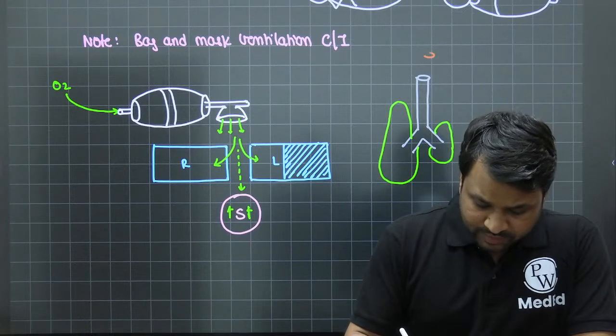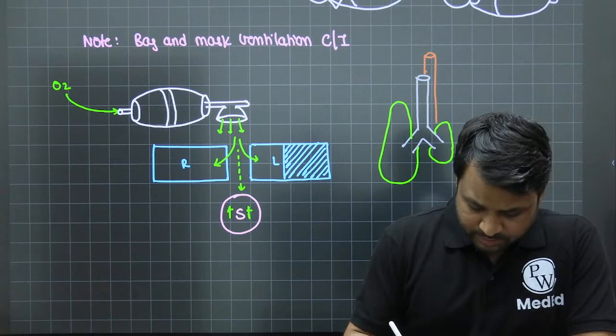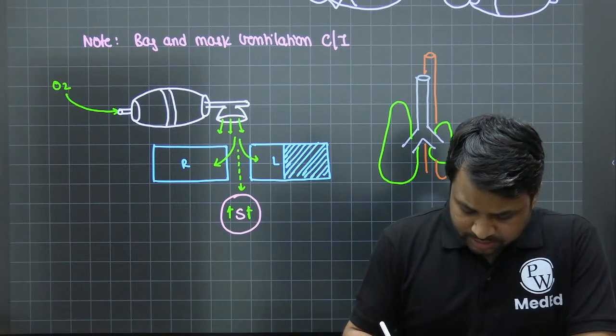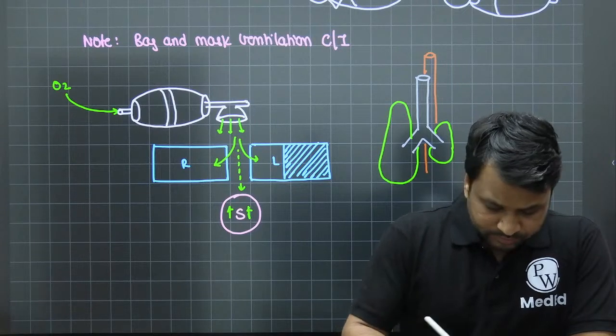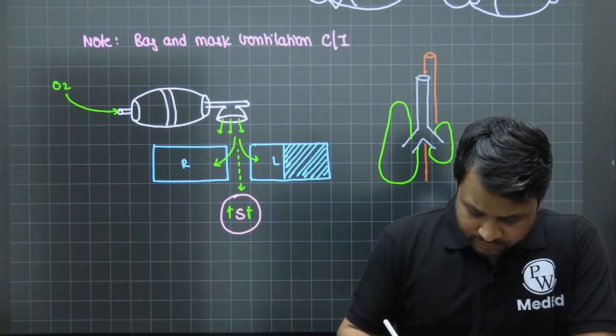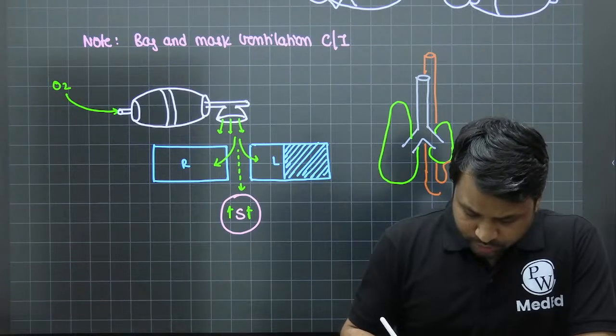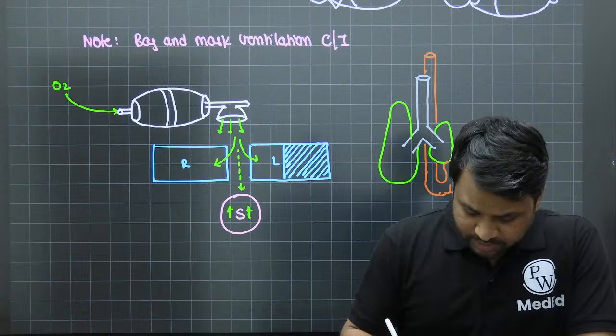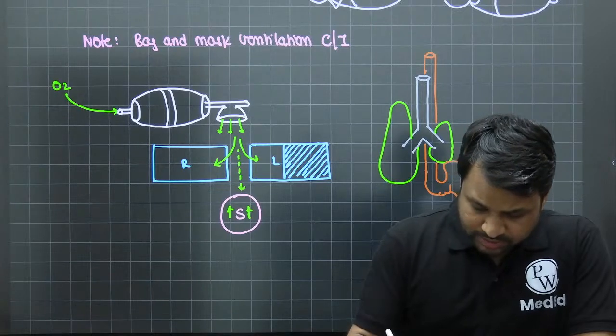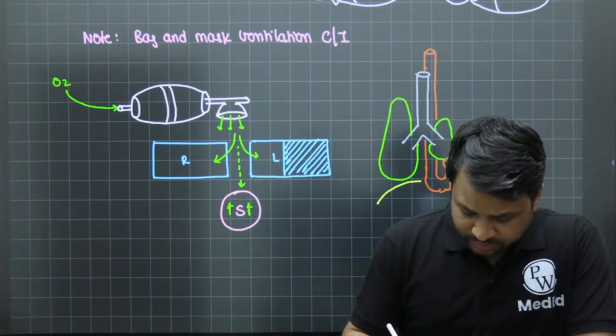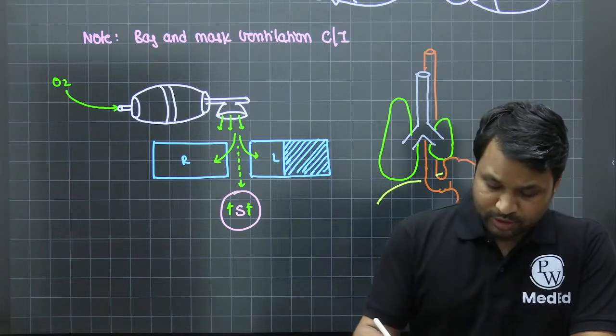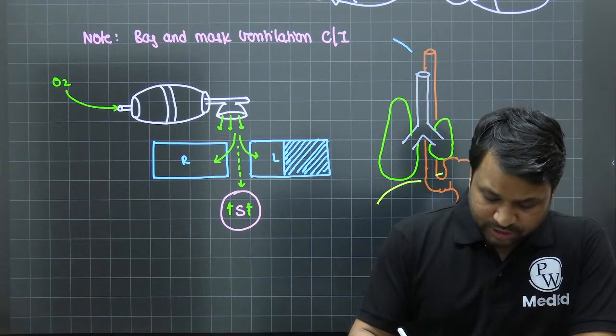Behind this, you have the esophagus, which runs all across, and this is the stomach, invaginated here. Just for the sake of understanding, I'm showing it across. The part of the stomach which is invaginated into the thoracic cavity, and let's say this is the diaphragm that we have, right?